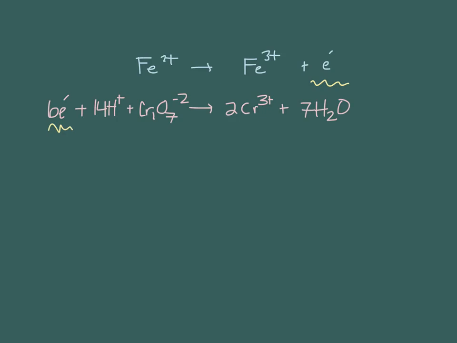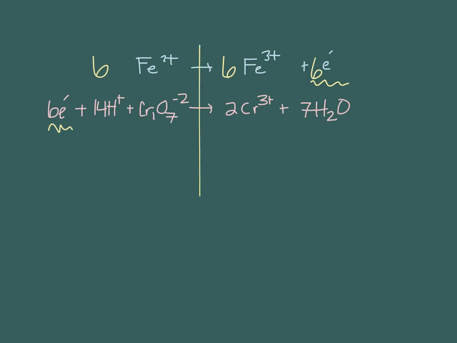So what I'm going to do is multiply the oxidation portion of the reaction by 6. That way, after we multiply, we'll have a 6 for every single portion of this reaction. Okay, so 6 iron 2s and 6 iron 3s and 6 electrons.